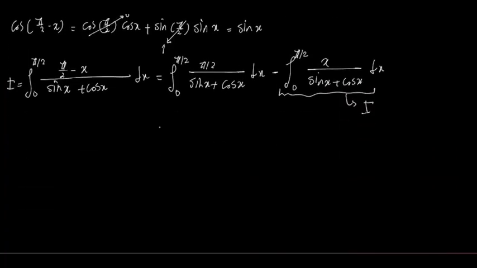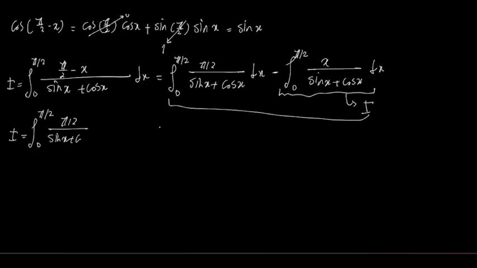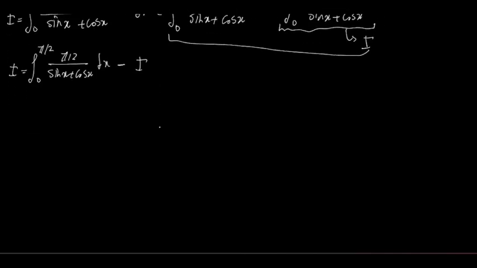So now we have I is equal to the integral from 0 to pi over 2 of pi over 2 over sine of x plus cosine of x dx minus I. Now, using some algebraic rearrangement, we're just moving things around.